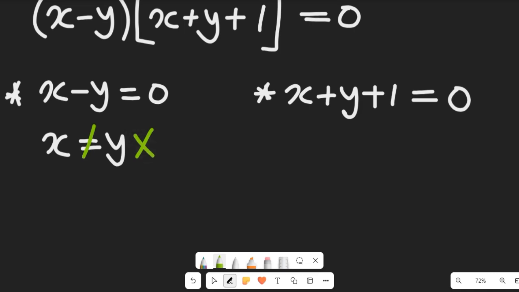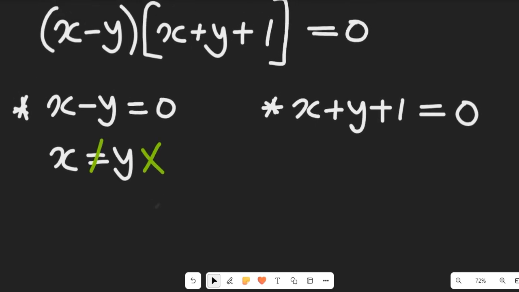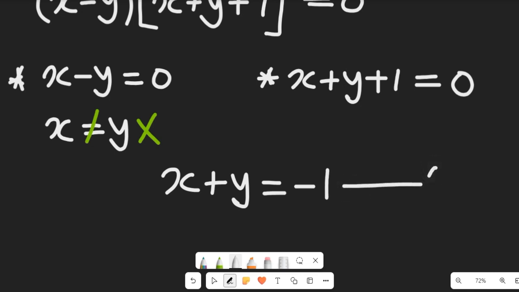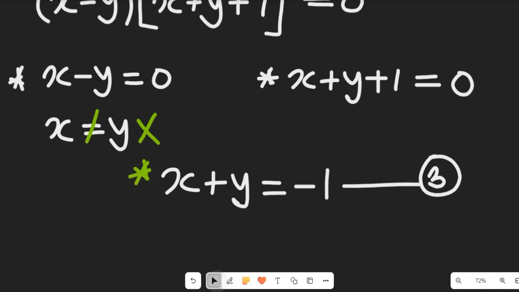So from the other equation, we're now going to see that x plus y can be equal to -1. So we're going to take this as equation 3.